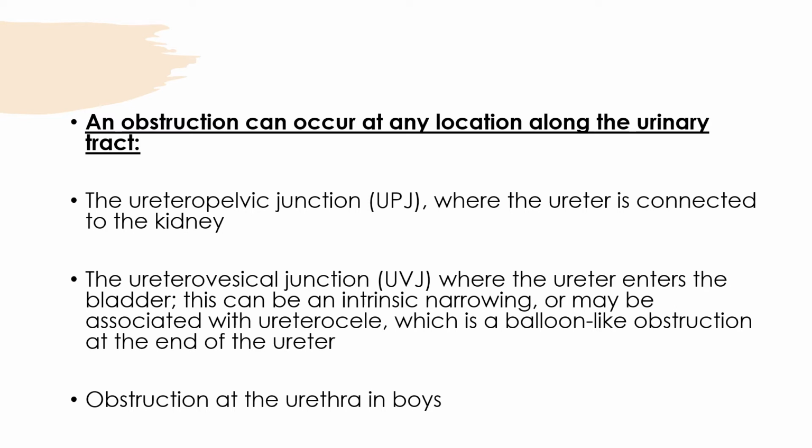This is kind of easy to remember for me because I think of the alphabet. So UPJ is above, so it's higher in the alphabet than UVJ. If that's something that can help you remember where the UPJ is located versus where the UVJ is located, that is what always helped me. P is before V, and P is higher up in the urinary system than V. Okay.